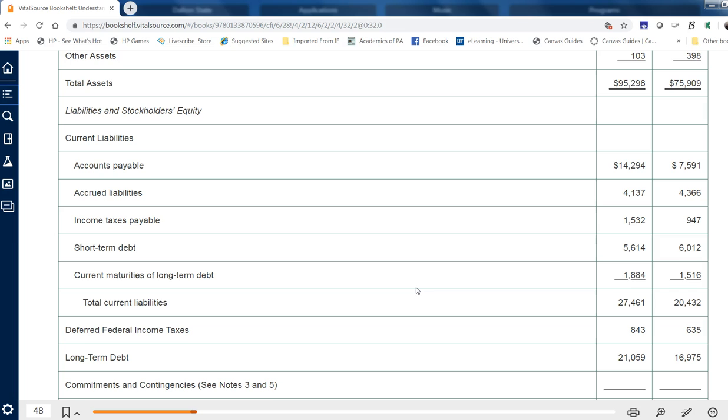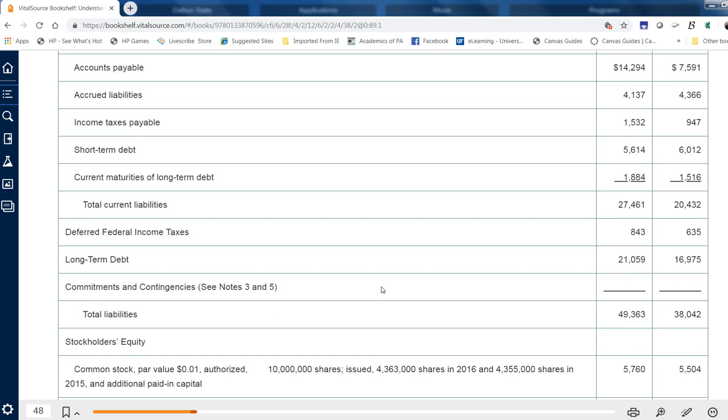So that gives us our total current liabilities. And I don't want to forget, I told you about the current maturities of long-term debt, and they do point that out to you there. They have that line item, and they show you the current portions that are due. Then we have something called deferred federal income taxes. And again, that relates back to income taxes payable and income taxes expense.